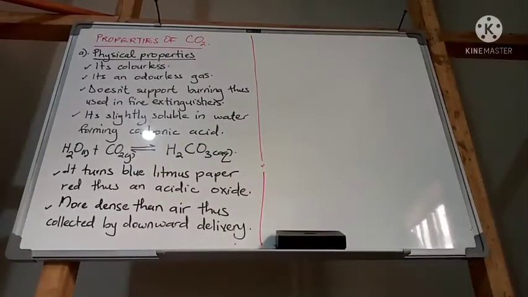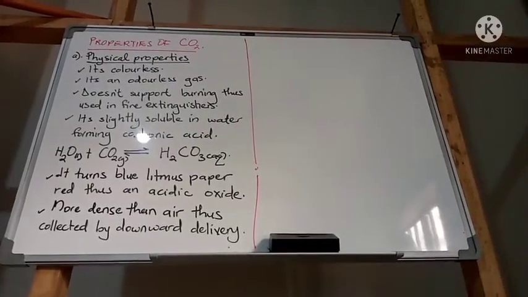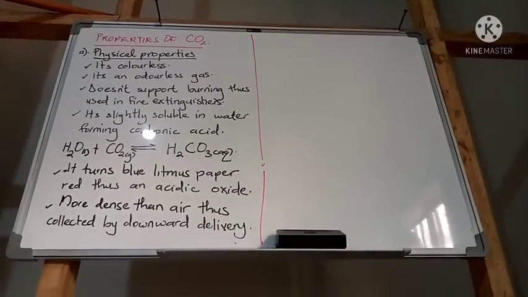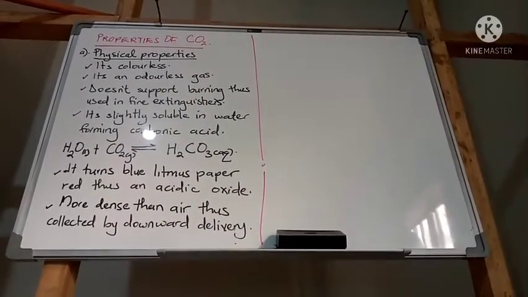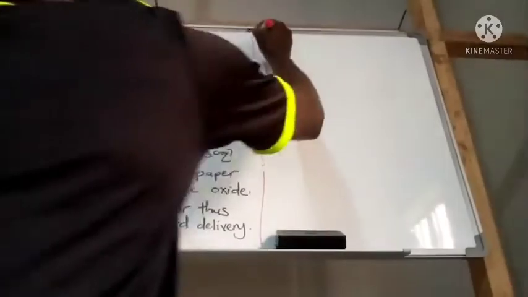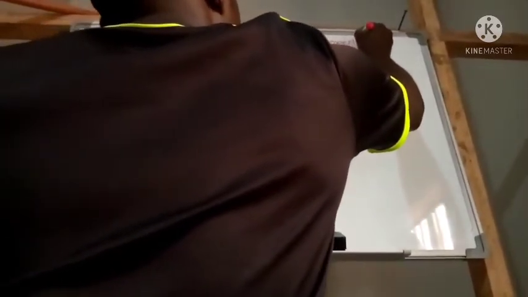It's now high time we cross to the chemical properties and looked at how carbon dioxide behaves with other compounds or other elements. So part B, let us look at the chemical properties of carbon dioxide.